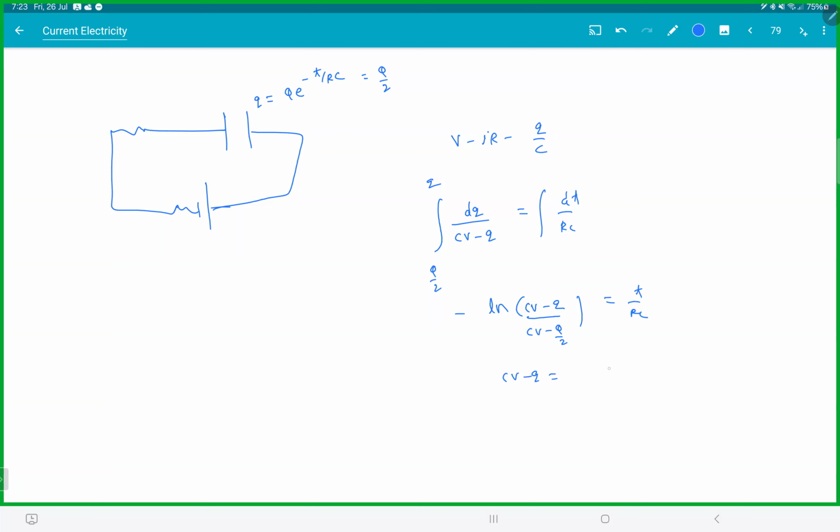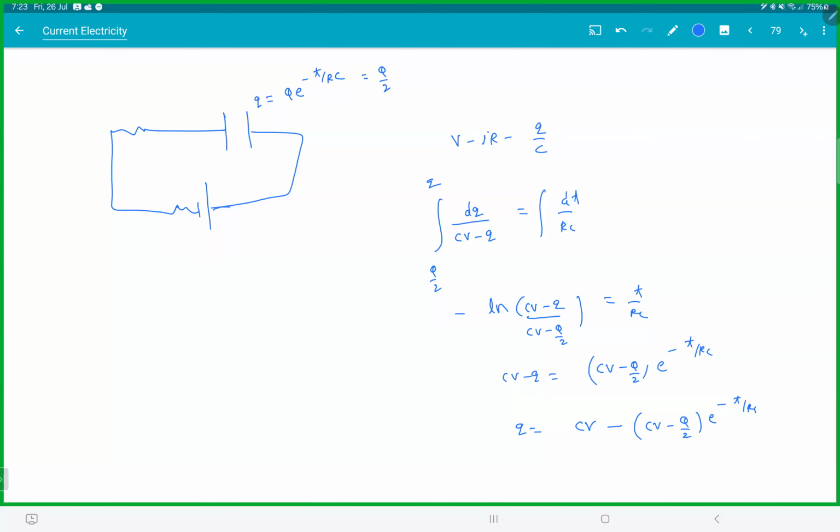So CV minus q would be (CV minus Q by 2) e power minus t by RC. You get q is equal to CV minus Q by 2 times that. CV is actually Q only. That would be Q by 2 minus something you will get.